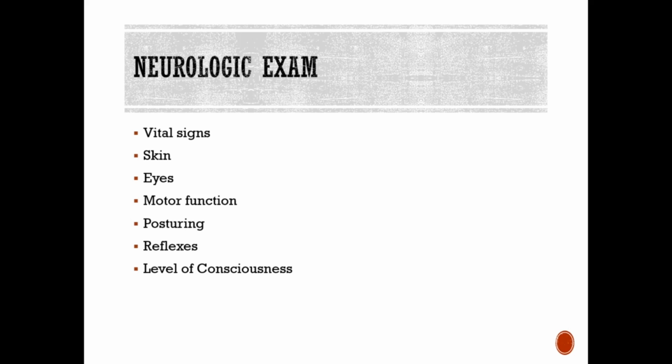And then last, of course, we're going to be evaluating their level of consciousness. Are they alert and arousable? The level of consciousness is the earliest indicator of changes in neurological status, so it's important to pay attention to. It helps us detect if a life-threatening complication such as cerebral edema is occurring. Assessment of level of consciousness includes response to vocal commands, spontaneous behavior, resistance to care, and response to painful stimuli.